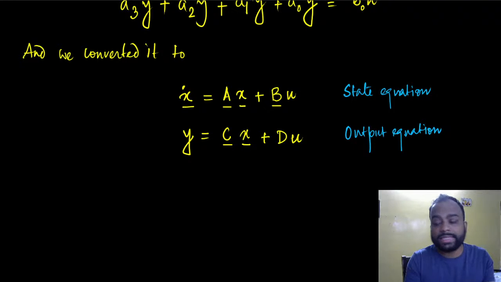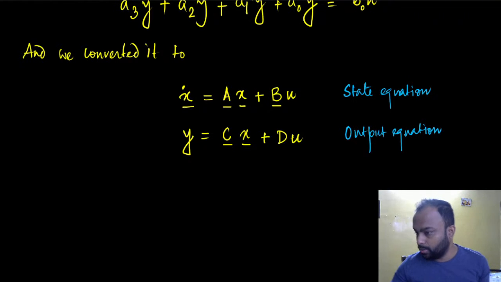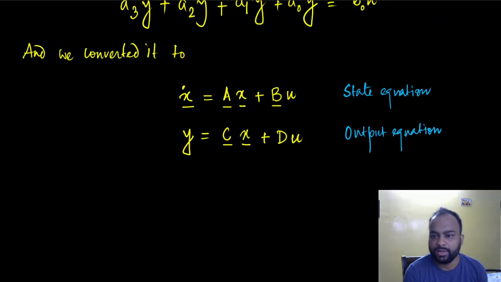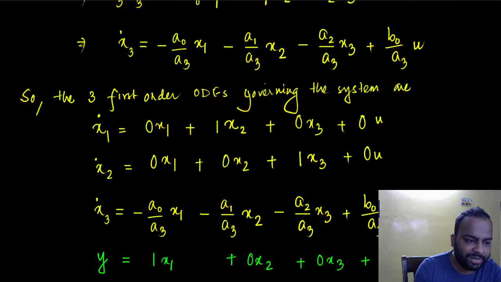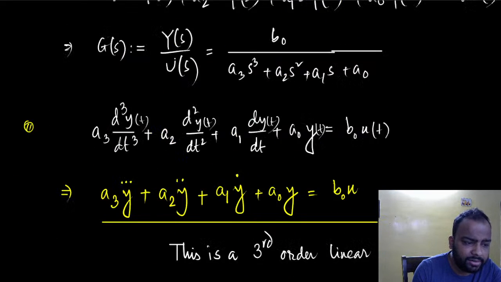Now with this construct, we actually can have better insights about our system. See, while doing this, we never assumed the condition of zero initial conditions, right? We never assumed that the system will have to have single input, single output. We assumed linearity because the differential equation itself was a linear differential equation.